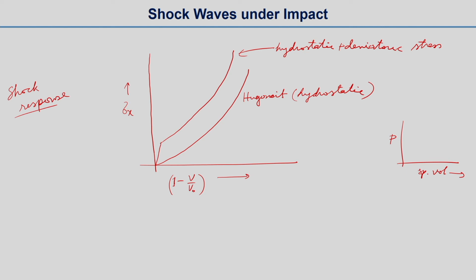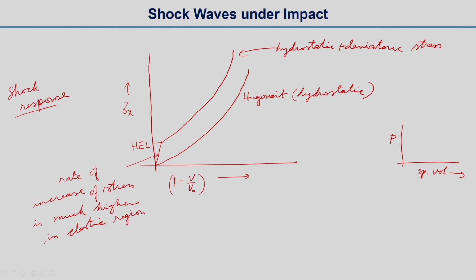And this point is the Hugoniot elastic limit, HEL. The rate of increase of stress is much higher in the elastic region, that you can see from here.